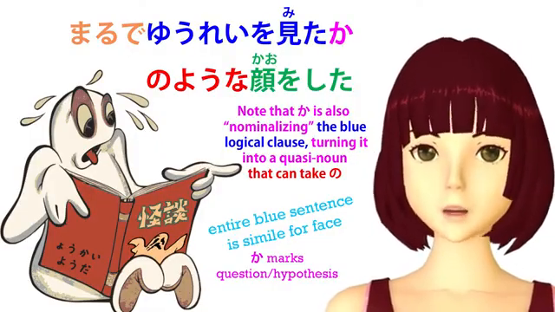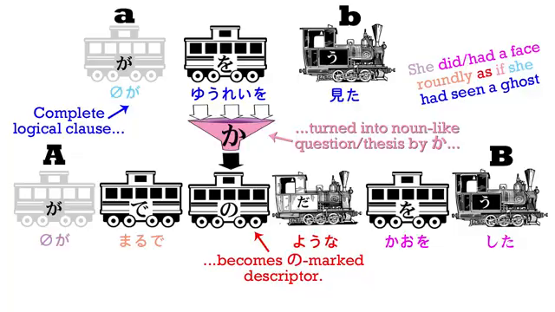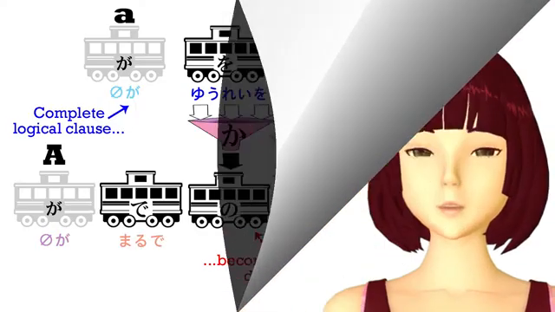And in this case, we actually are attaching a logical particle, the particle no, to the ka-marked noun-like entity that we have made of the proposition that she is, say, a ghost. So with the no particle, unlike the ga and wo particles, we can attach this to a ka-marked entity.